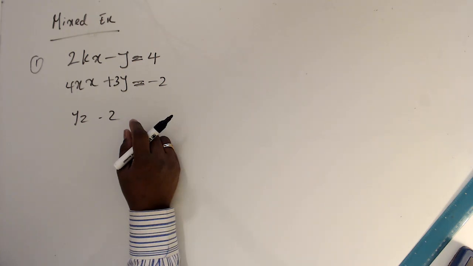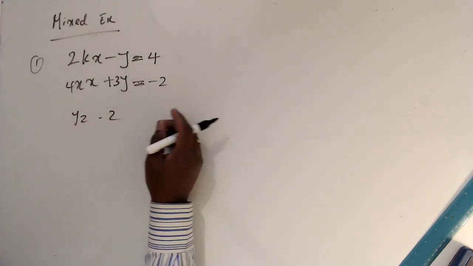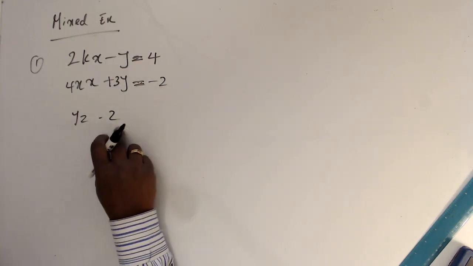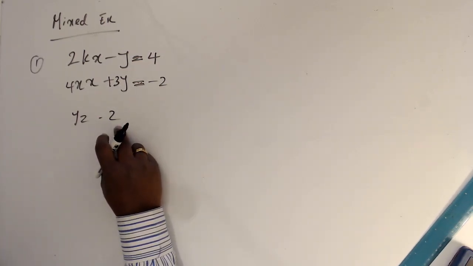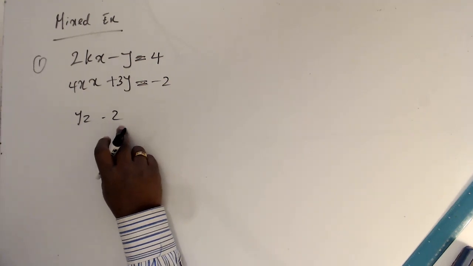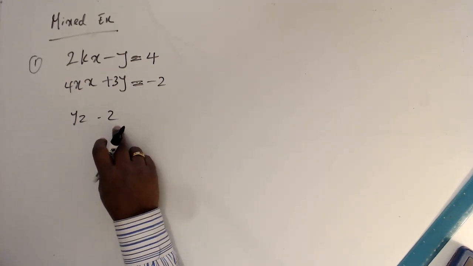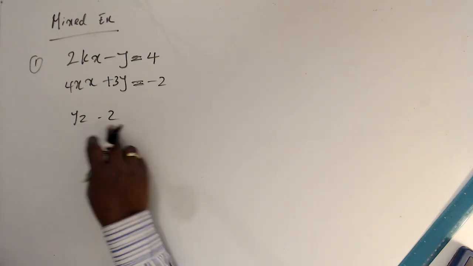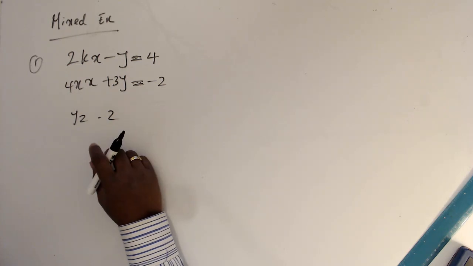In a simultaneous equation, what we usually do is eliminate x or y. Since x is missing in this equation, I can guess that we have to eliminate x, then y is remaining.